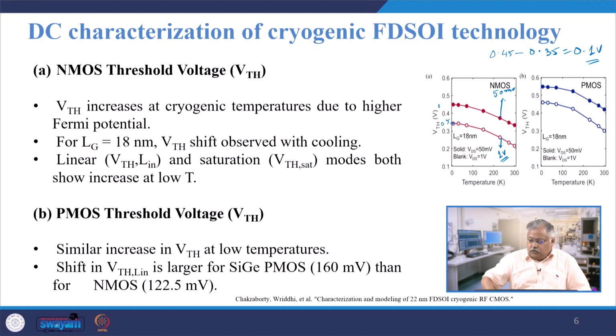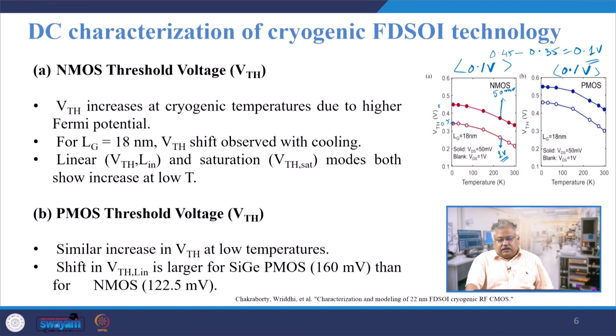If you look very carefully, this is 0.1 volt here, and this is also 0.1 volt here. The difference is primarily because I am still taking 18 nanometer as my gate length in both cases, right? And that gives you a brief idea about how the cryogenic temperature enhancement takes place.